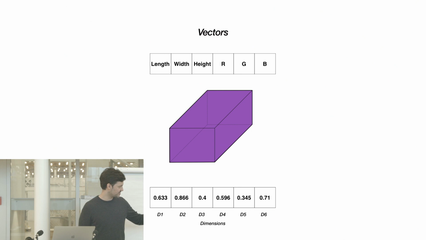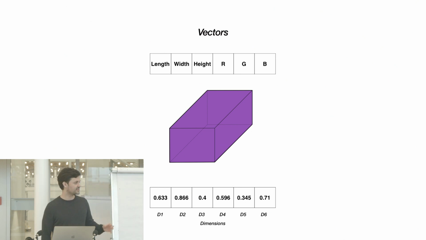So each of these little boxes, we call it a dimension. And this thing, which comprises multiple dimensions, we call it a vector. So these are vectors. So now our box with a certain color, we represent it as a 6-dimensional vector. Yeah? Do you get it?